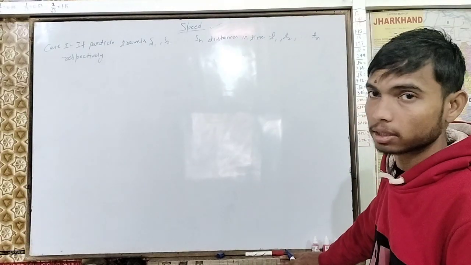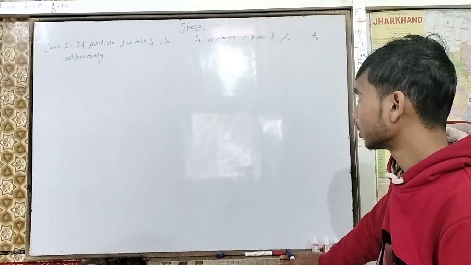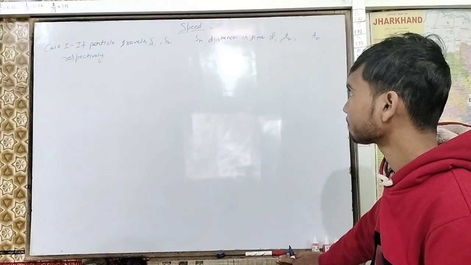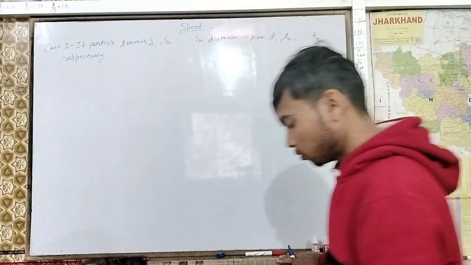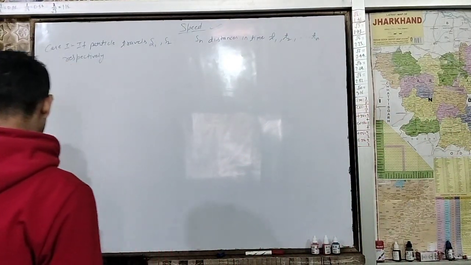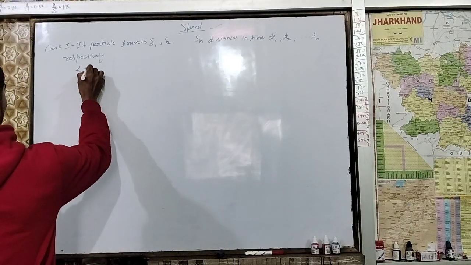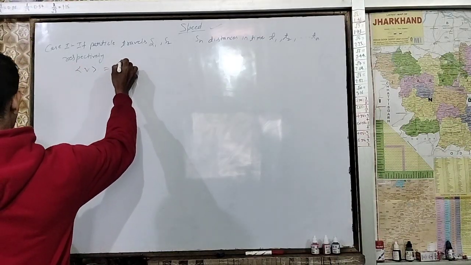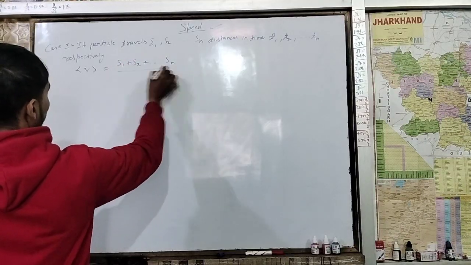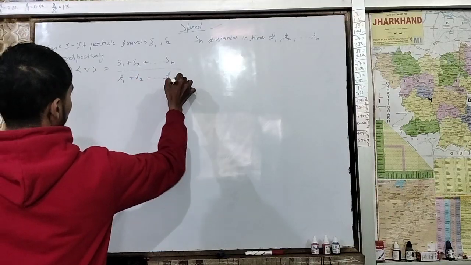T is also changing. Nothing is equal, neither distance nor time. If nothing is equal, then our average speed will be S1 plus S2 like that till Sn upon total time t1 plus t2 till tn.